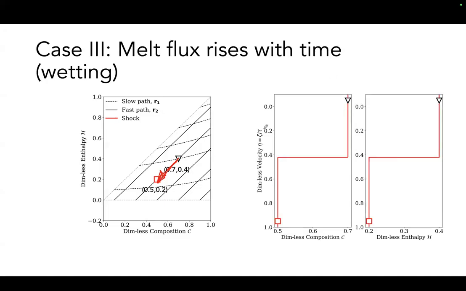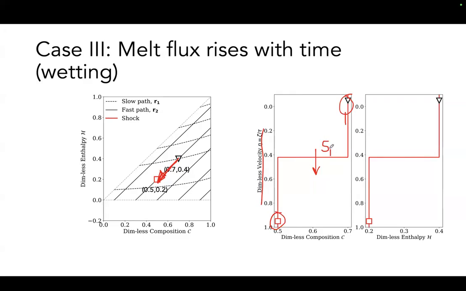If we plot the solution of dimensionless velocity, you can see that the left state is here and the right state is here, and they're connected by this moving wave front called a wetting front or shock wave.